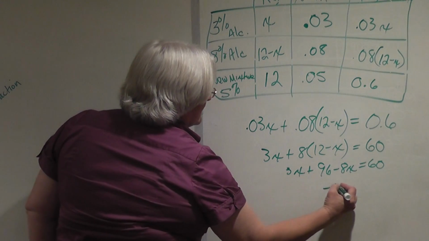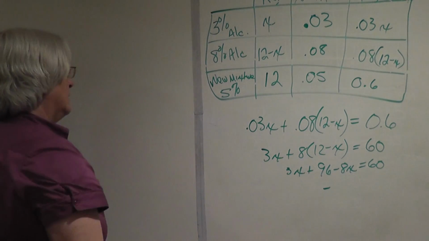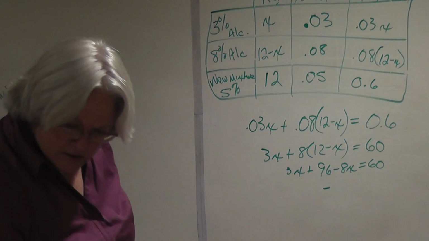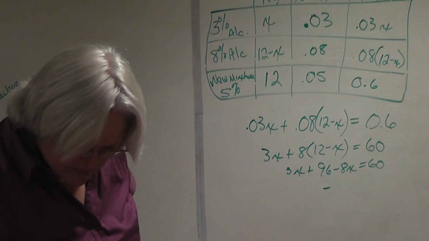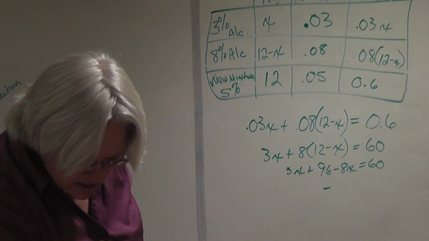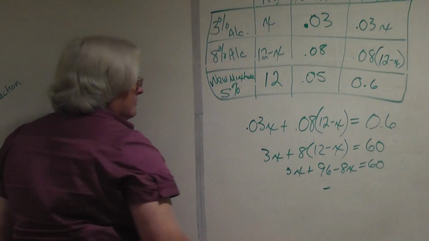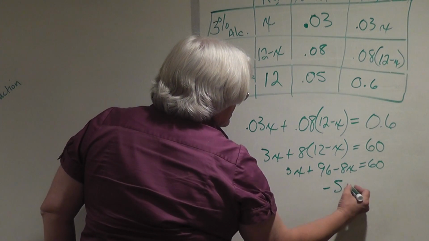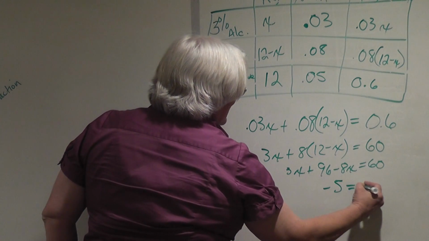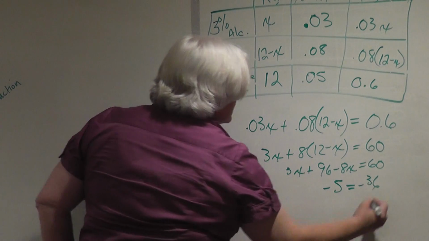We have negative 5x. Let me check and see. Okay. Negative 5x is equal to a negative 36.